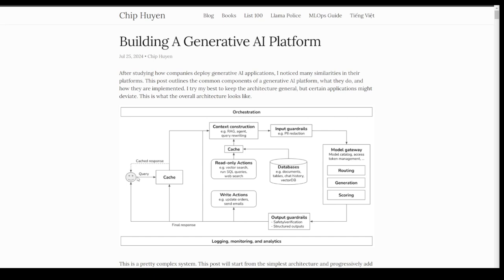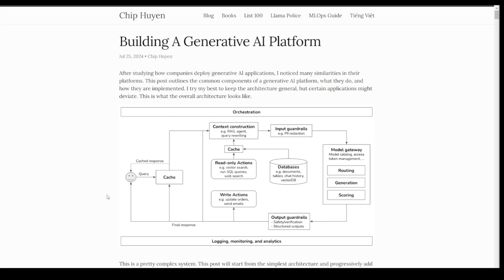First we used RAG, or retrieval augmented generation, to improve the search results. Then we also saw how we can integrate agents using read-only actions to improve the context construction, which in turn will improve the final response that we are generating.